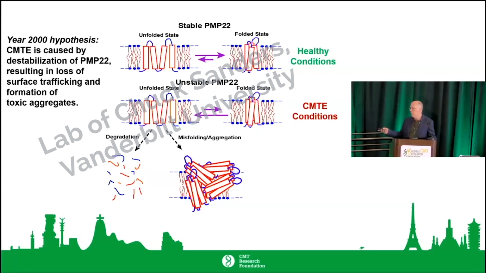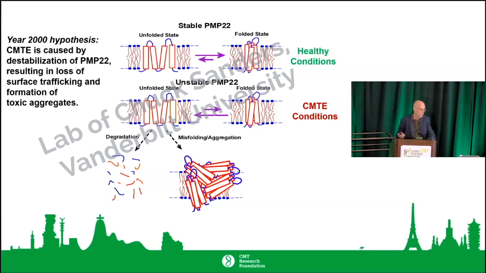And that's a problem because the unfolded form of the protein cannot do its function. It's also very susceptible to either being degraded, in which case it definitely can't do its function, or forming aggregates, which may be toxic. So we propose that these mutations do exactly this. They shift the equilibrium towards the unfolded state.